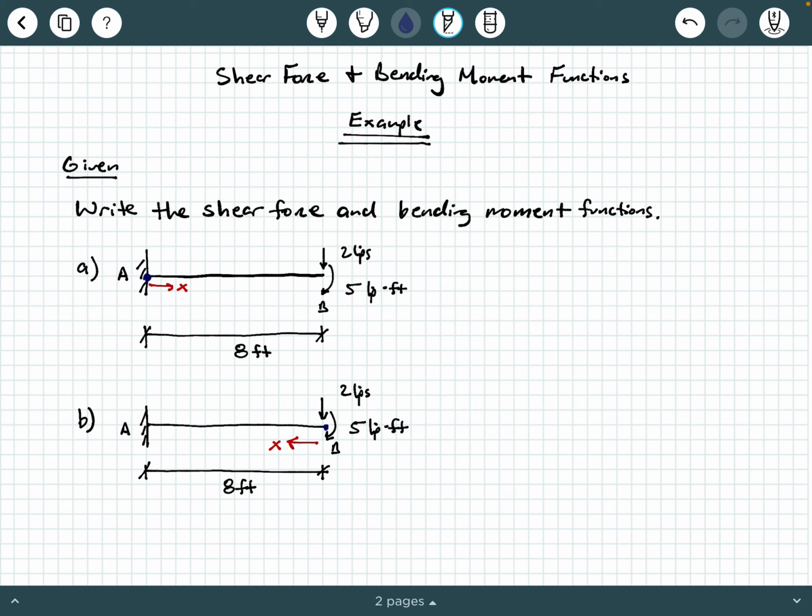That's no problem. You can define your location variable and your origin wherever you want. You just have to be consistent throughout all your steps as you go through your analysis.